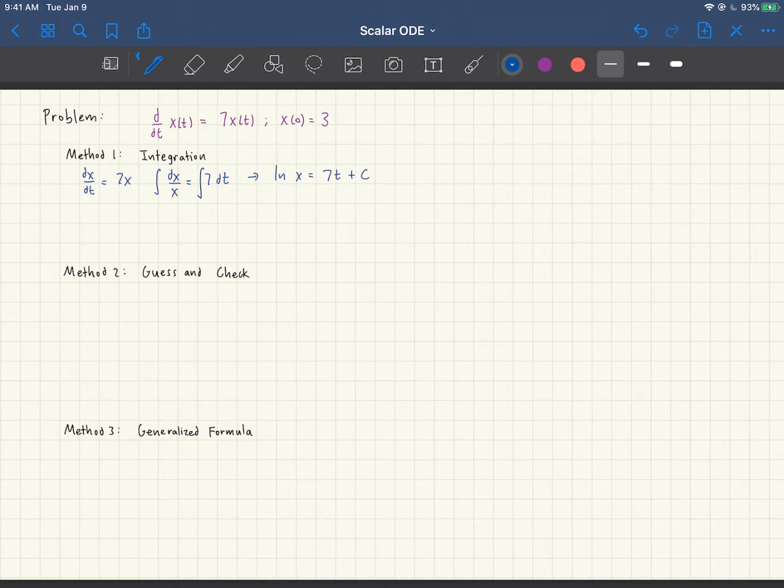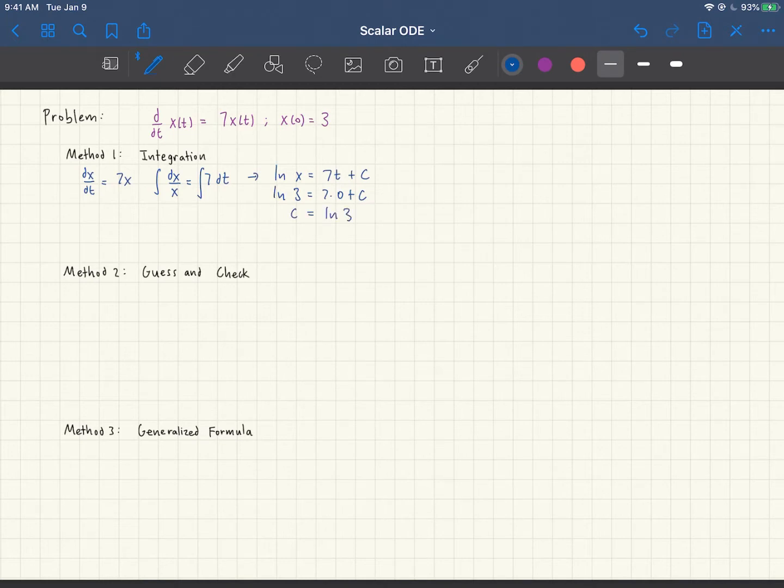Now we plug our initial condition back in. Since we already know that x of 0 is equal to 3, we plug in 0 to get log of 3 is equal to 7 times 0 plus c, and this tells us that c is in fact equal to the log of 3.